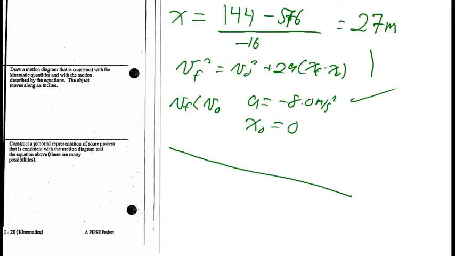So if we're going to draw a motion diagram on a ramp, we're going to put a train of dots that gradually gets closer together, and the velocity arrows would be gradually shorter, and the acceleration arrow would point opposite to the direction of motion, which is down the hill.